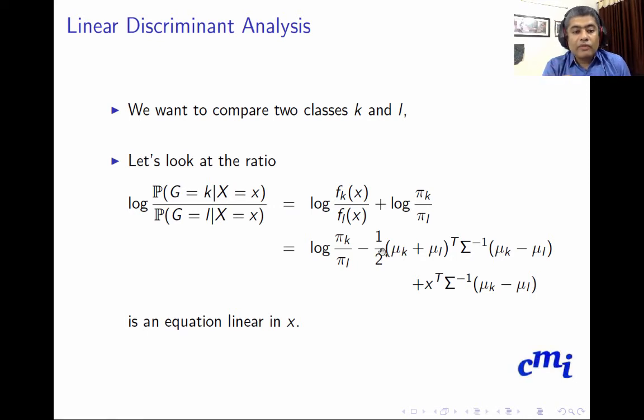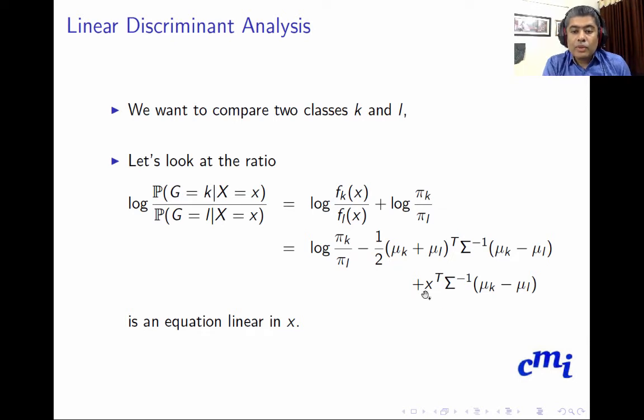If you look carefully, this equation is linear in x. Why? Because I do know the prior probability of k and the prior probability of l, so I know exactly the value of this. Mu_k and mu_l are parameters, sigma is a parameter, and mu_k minus mu_l is also a parameter. So we can assume that these are parameters, and this entire term effectively behaves like a bias.